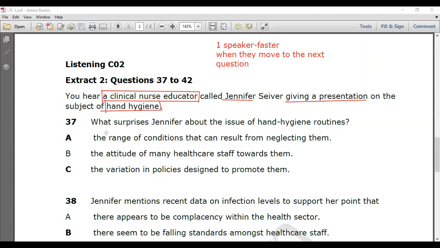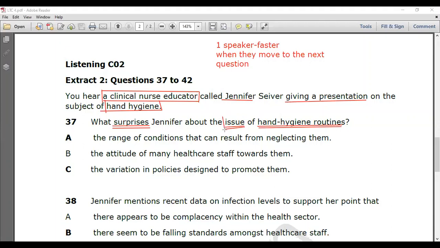So here if you see, it says what surprises Jennifer about the issue of hand hygiene routines. So this word issue tells you a lot, right?